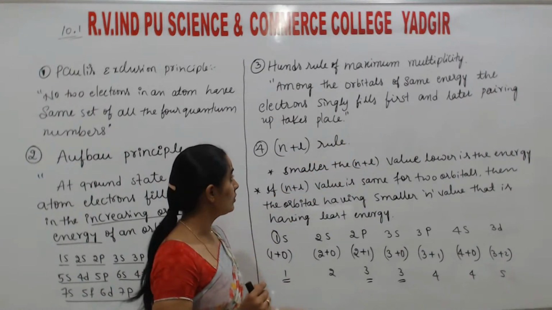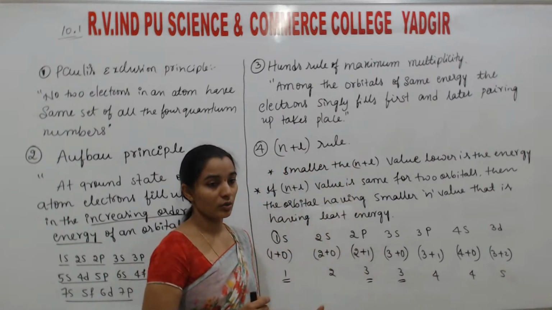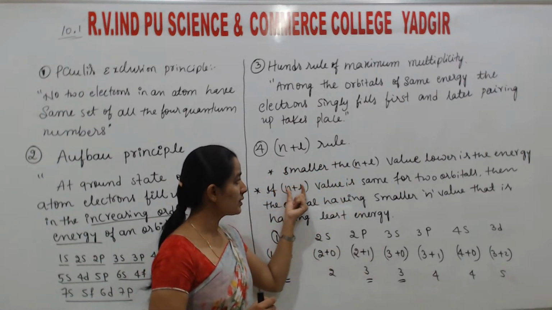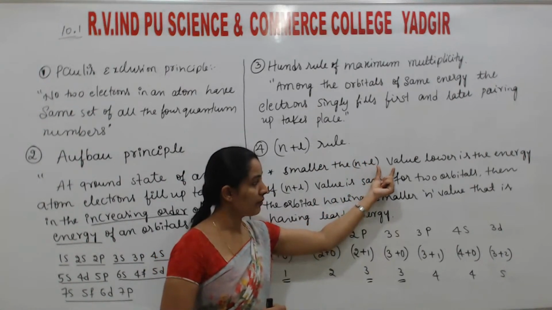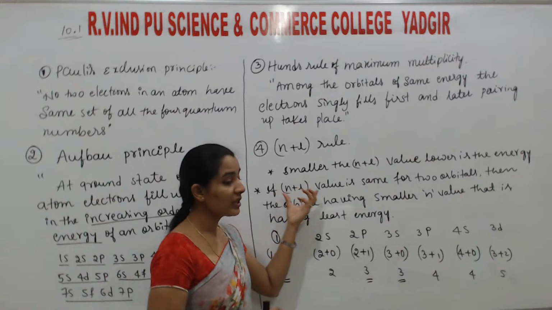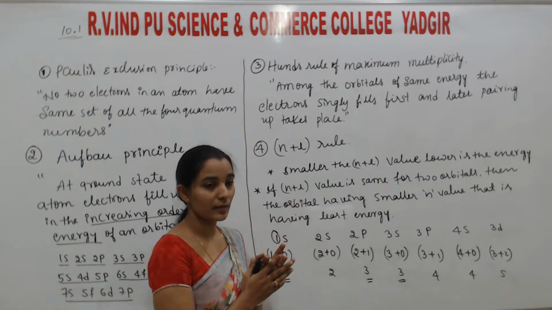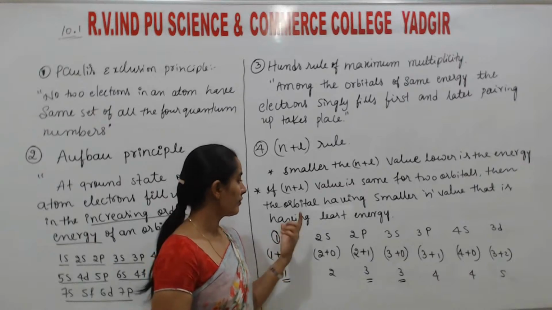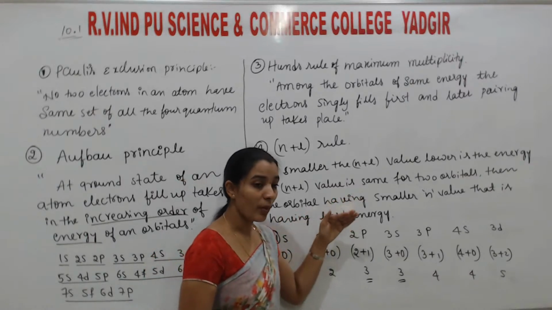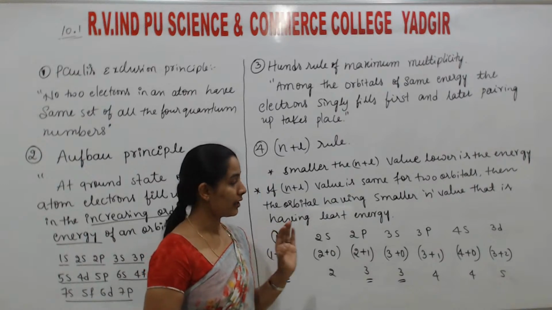They may also ask, write the conditions for n plus l. The first one is, smaller the n plus l value, lower is the energy of the orbital. Next, if the n plus l value of two or three orbitals is the same, then the orbital having the smaller principal quantum number has the least energy.